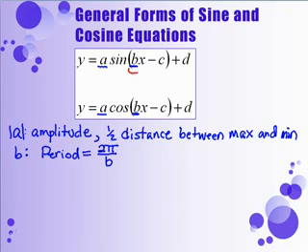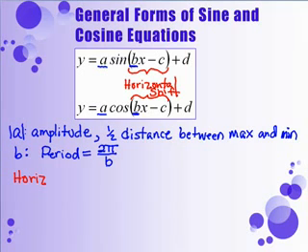Now the whole quantity here in parentheses lets us define our horizontal shift, and the way that we do that is by looking at the left and right endpoints.